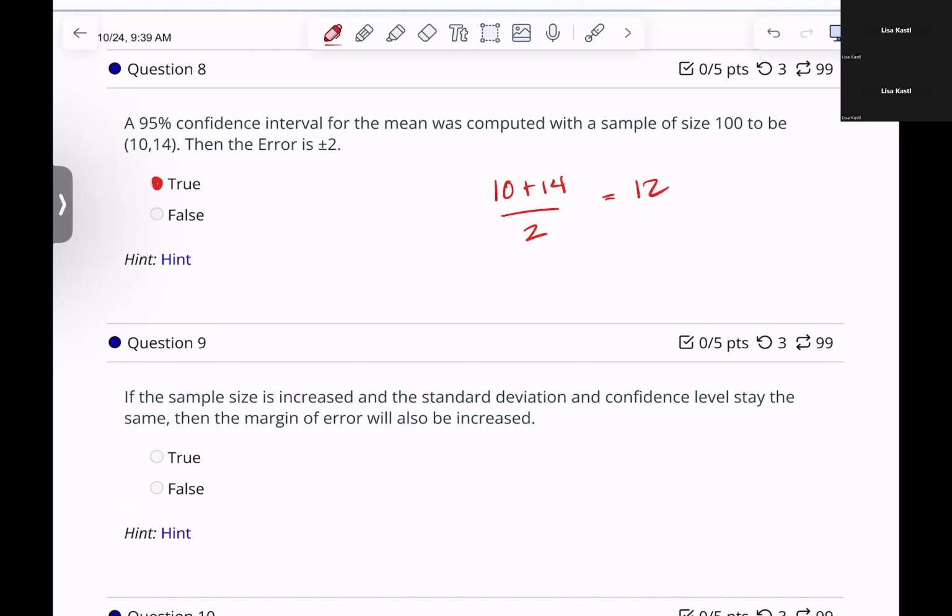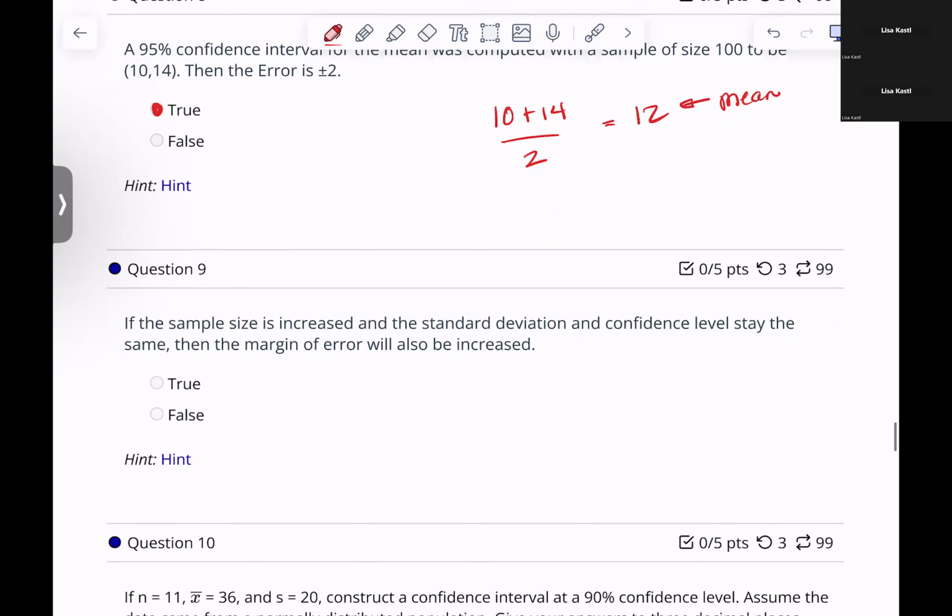Is that 12? That's the mean. If you add the lower plus the upper and divide by 2, that's the mean. So is 10 below the mean and 14 above the mean? So is the error plus or minus 2?